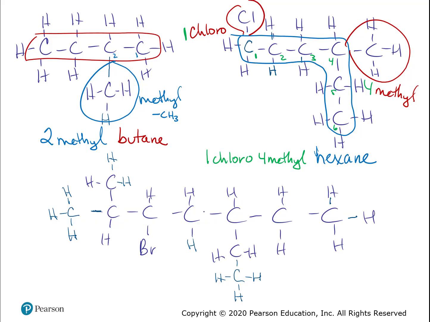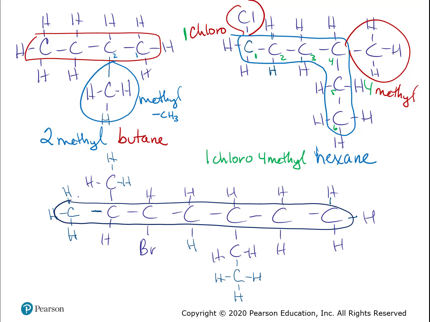Now, if you did this, do you see that's also 7? That wouldn't change your answer though. Okay, so either one would be fine. So 7 makes this a heptane. That becomes the last word.